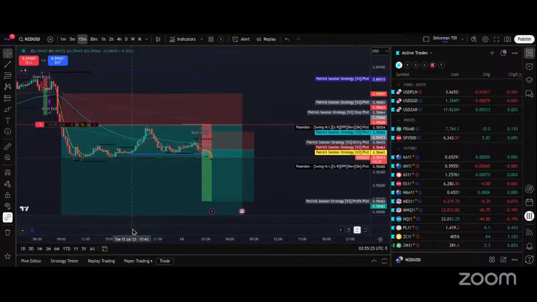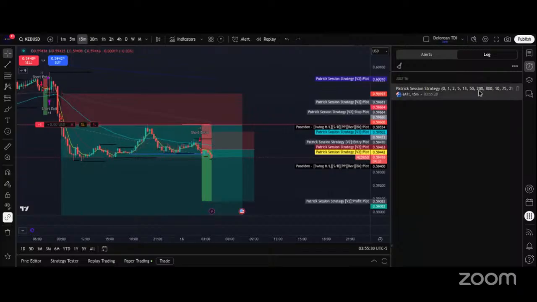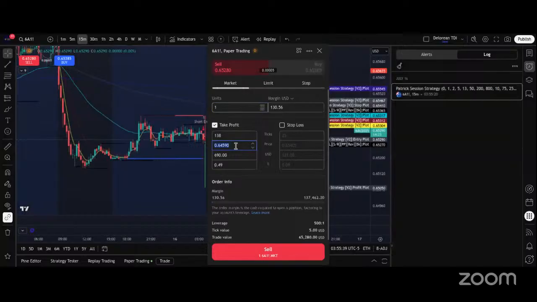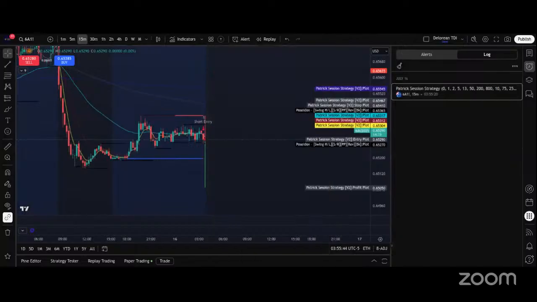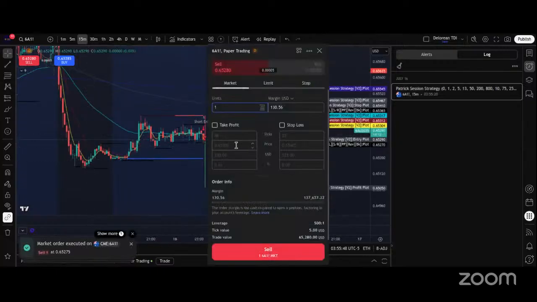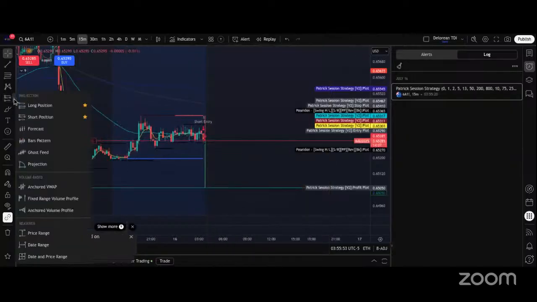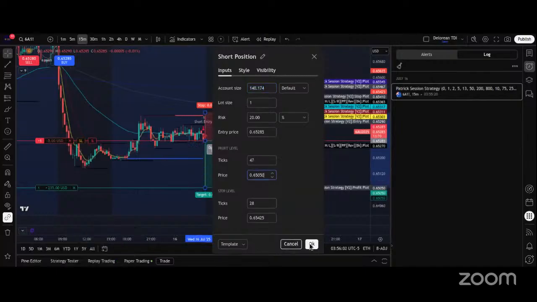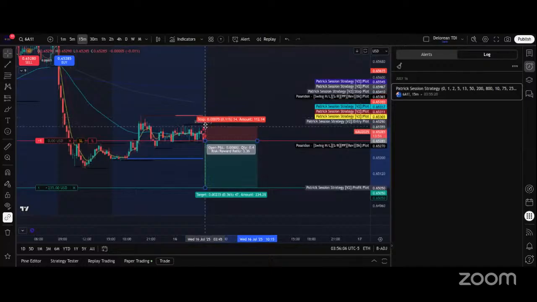All right, we've got a sell opportunity on 681. It is 0.6505. It's going to be a 3.36 risk to reward ratio.